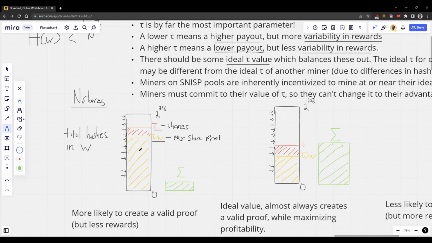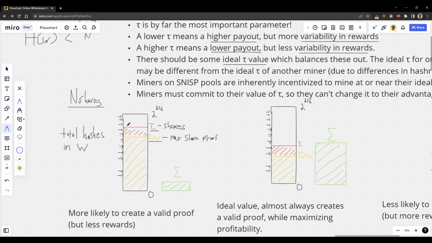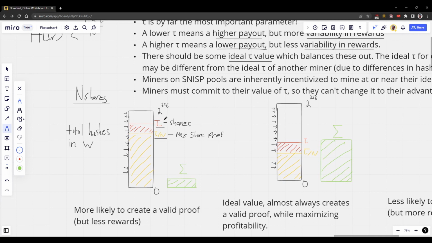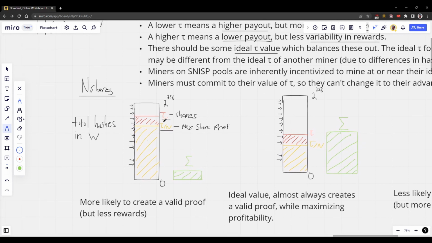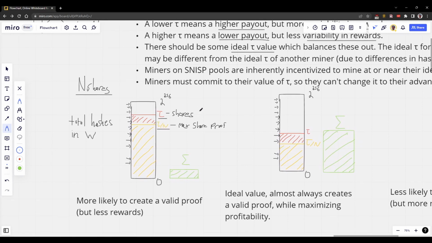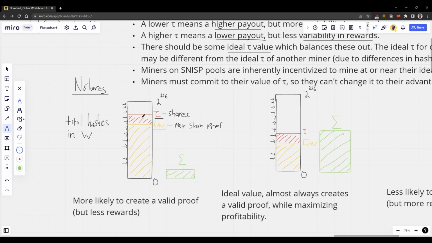So this miner right here, given their value of TAW, can easily create a SNISP. Because they're easily able to create a SNISP, but because their TAW value is also very high, their share score, which is based on their difficulty, ends up being quite low. So they did get a SNISP very easily, but their payment is quite low.